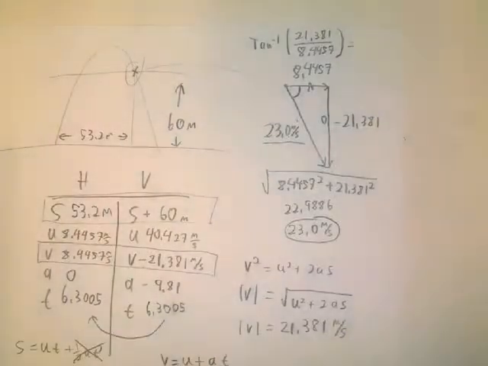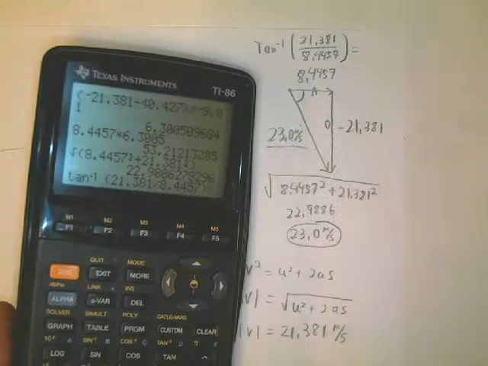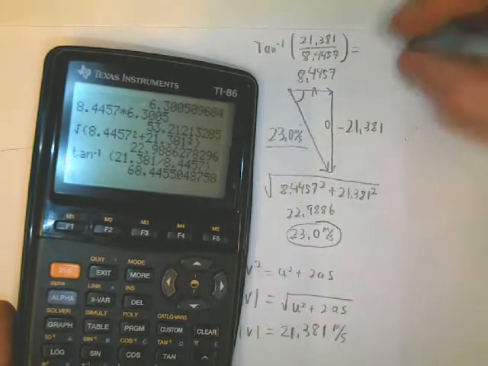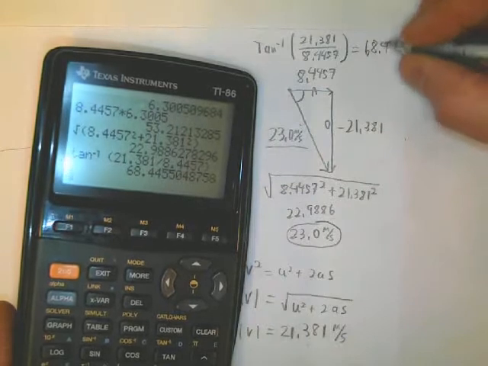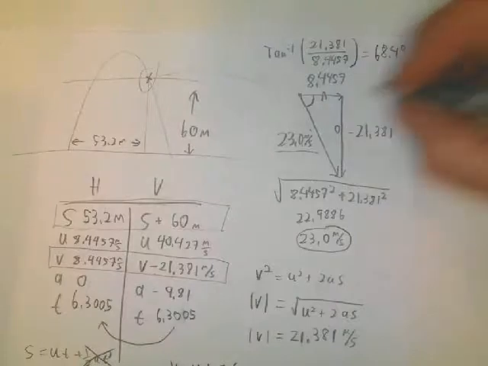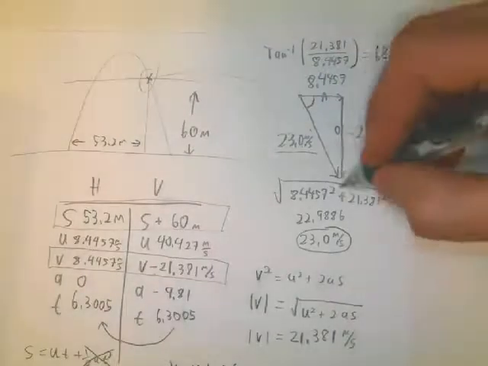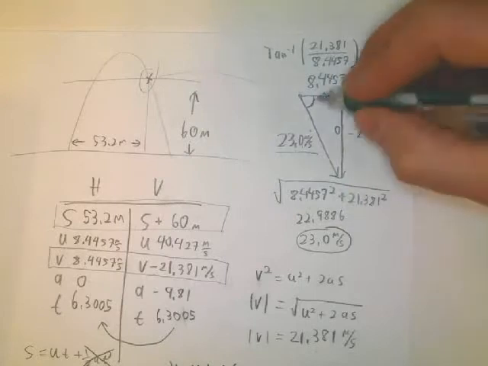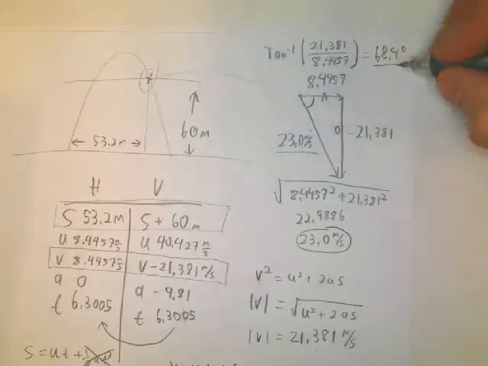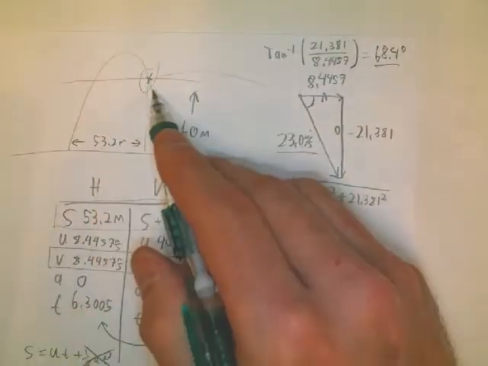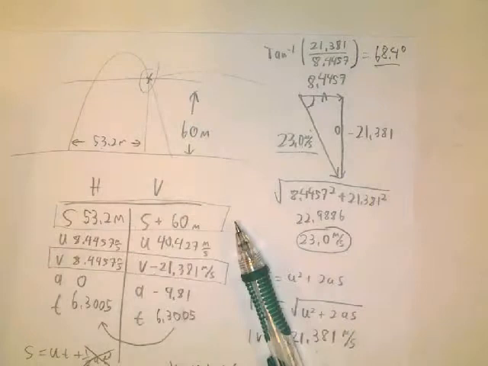If we do that, the inverse tangent of that is 68.4 degrees. So there we have it. We've got everything we need to know about it. It's moving down with a speed of 23.0 meters per second. Its velocity vector makes an angle of 68.4 degrees below horizontal. It's over 53.2 meters, up 60 meters. Ta-da!